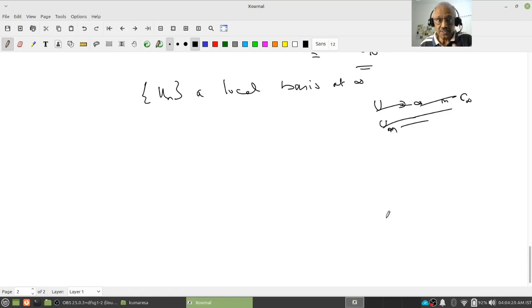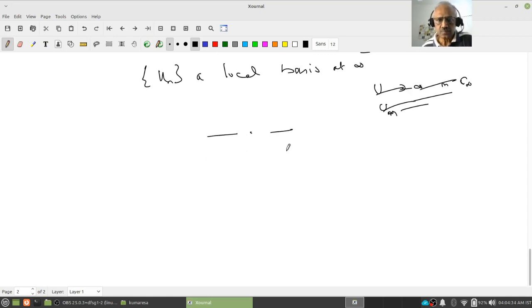In fact, it's even easier to use balls of the kind B(x, 1/n) rather than B(x, r) for any r positive. So the Un play the role of such things, B(x, 1/n). Keep that in mind. Okay, now pause, review, proceed.